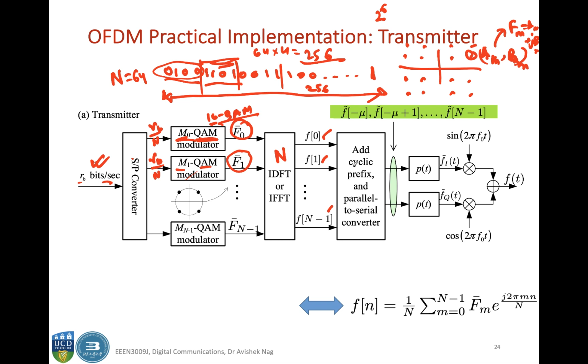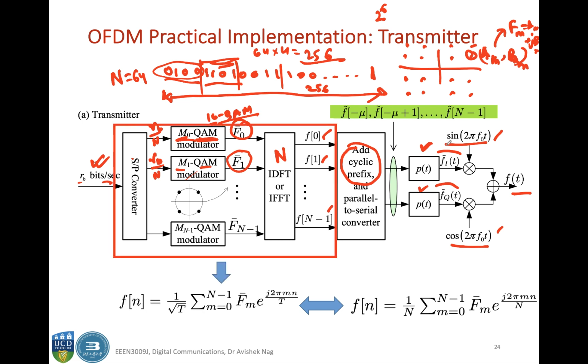The next block is adding the cyclic prefix and doing parallel to serial conversion. The cyclic prefix part we will discuss later, so let's ignore it. Then you have some pulse shaping, and then you have the in-phase part and the quadrature part, which are modulated onto two carriers, and then combined together to get the final OFDM symbol.